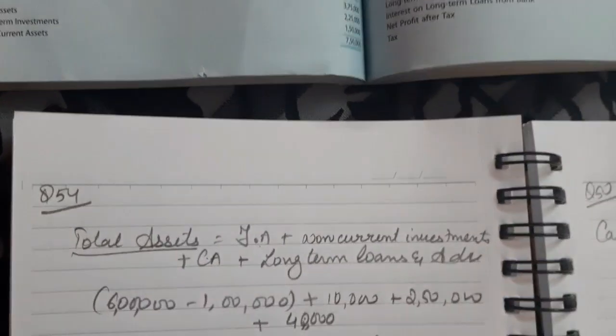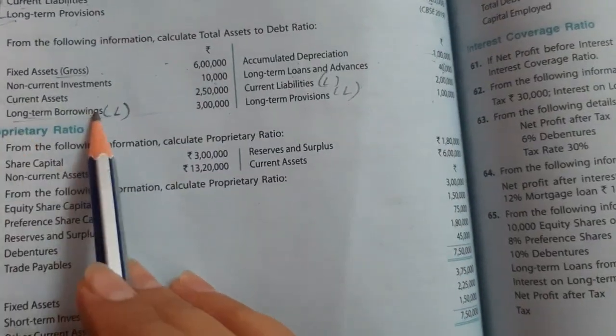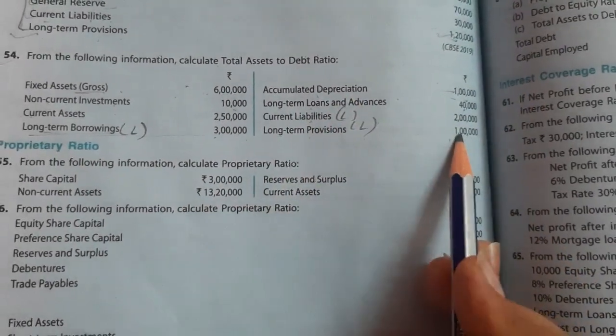Now what next? We have to find total debts. You can find your total debts from here. You are given long-term borrowings 3 lakh, current liabilities is not part of it, and long-term provisions 1 lakh.